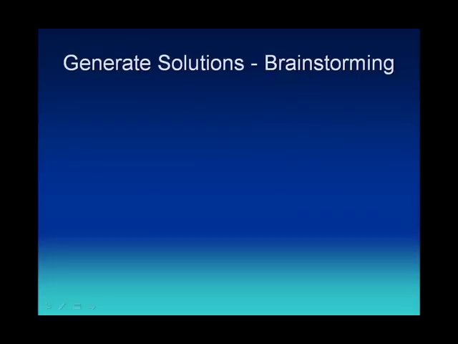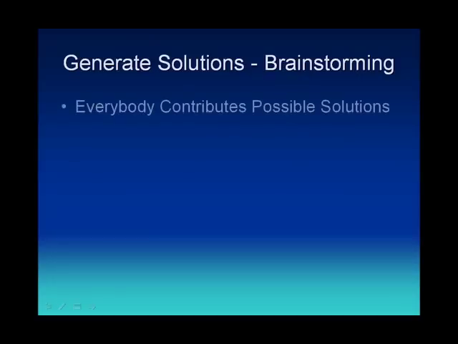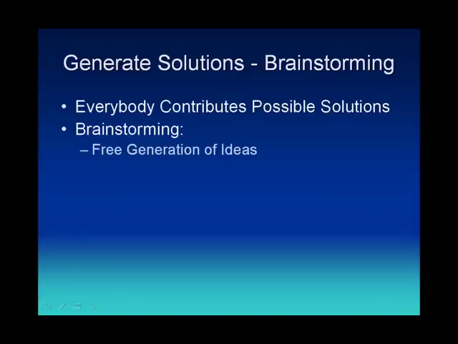Well, first off, when we're brainstorming, everyone needs to contribute. This is a joint process and maybe the single most collaborative step of the entire process. Brainstorming basically has two attributes. The first one is that you get together and all just start talking about possible solutions. Just let them all go.